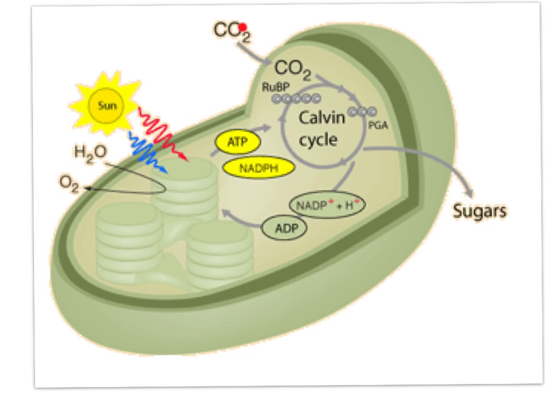Carbon dioxide is fixed into carbohydrates through a series of reactions involving a molecule known as RUBP, ribulose bisphosphate. RUBP accepts carbon dioxide in a carboxylation reaction.